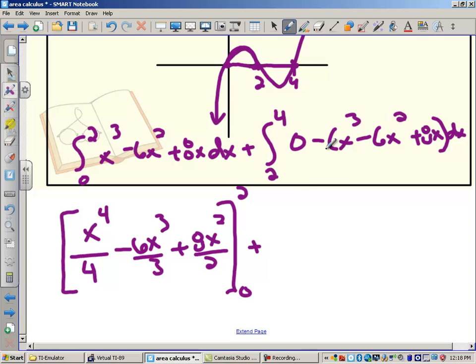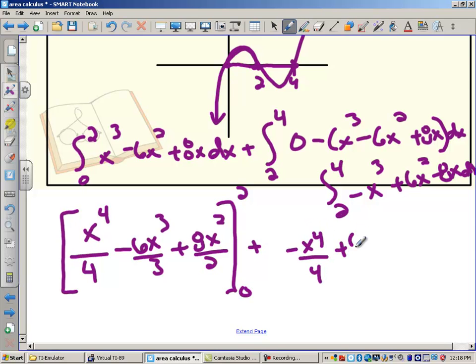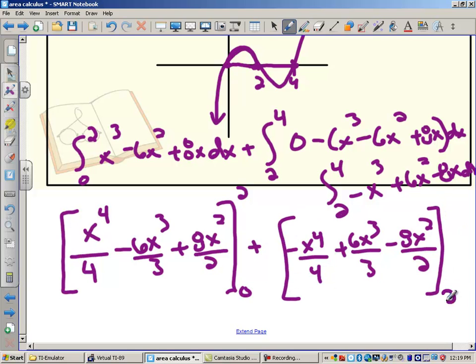And then plus, now over here if we clean this up, that's going to be integral from 2 to 4 of negative x cubed plus 6x squared minus 8x. So that's going to be negative x to the 4th over 4 plus 6x cubed over 3 minus 8x squared over 2 evaluated from 2 to 4.